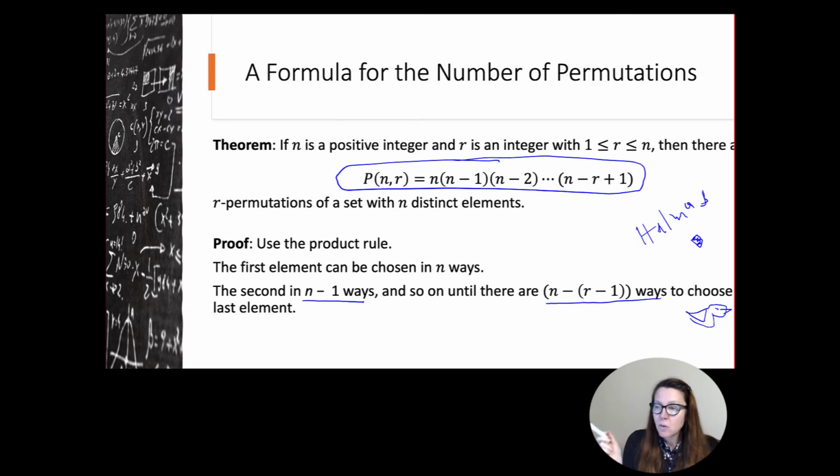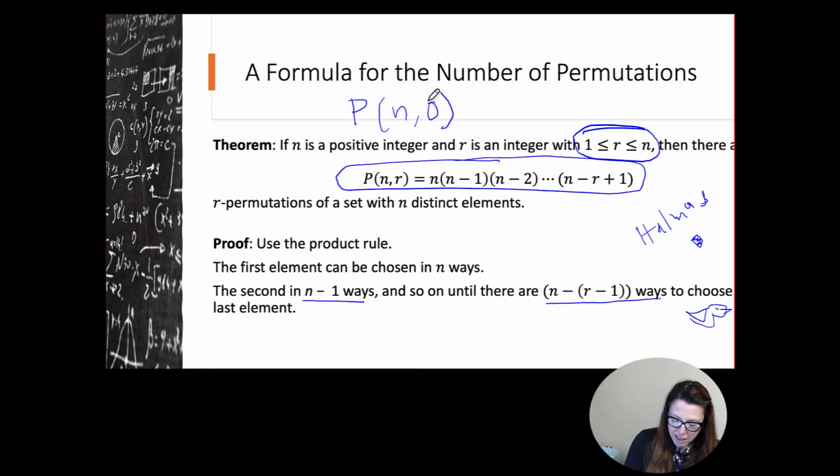Okay, so then the question that I have for you is, well, what if, so this only works for 1 to n. So I didn't give you when r is equal to 0. So what is P(n, 0)? How many ways? What is P(n, 0)? First of all, what does that mean? Like in plain old English, feel free to use your mic.